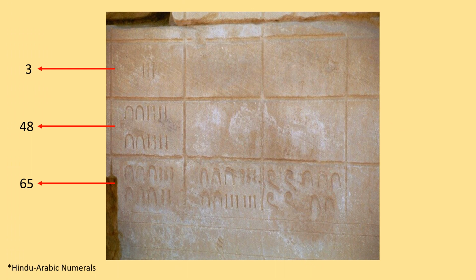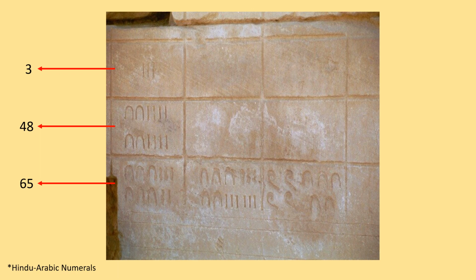The system that we use now is Hindu Arabic numerals. So we can see that in the Medu Neter, the 3 is 3 vertical strokes. In Hindu Arabic, it's that strange symbol that we call 3. For 48, we have 4 tens and 8 ones. We want to also take note of the symmetry here.